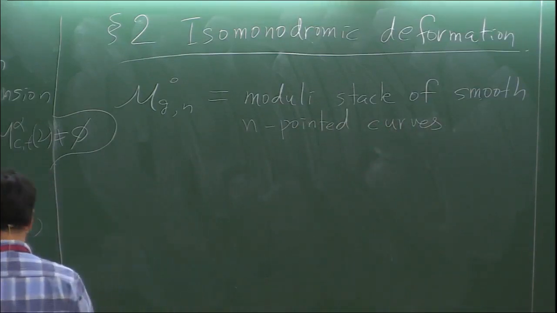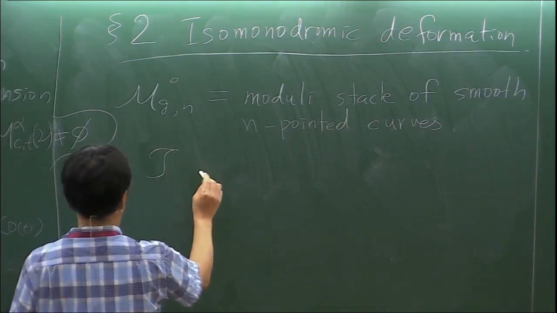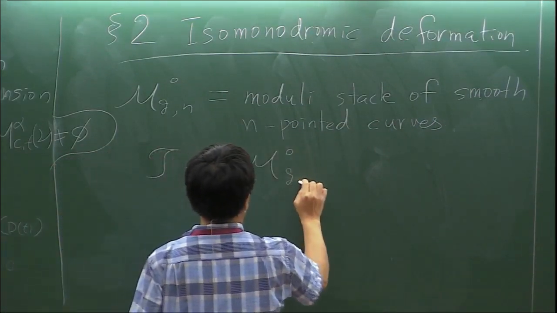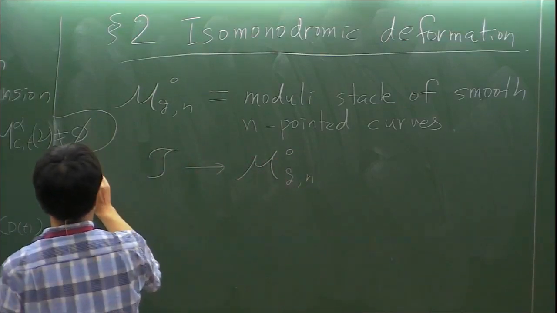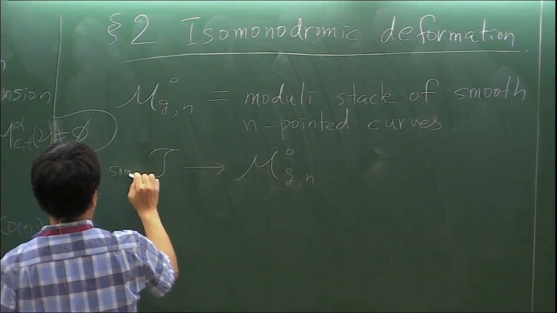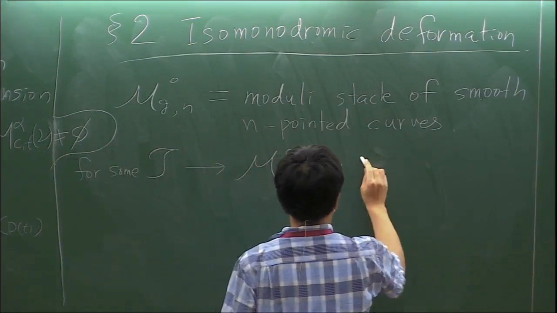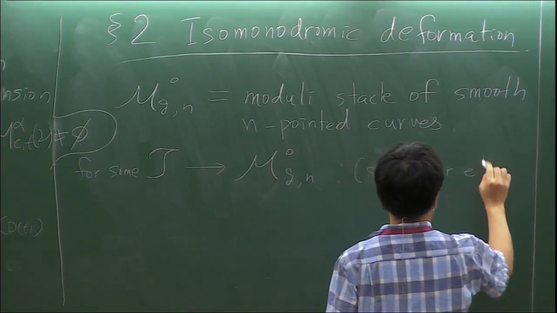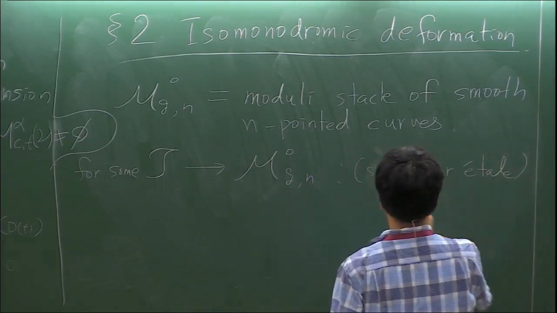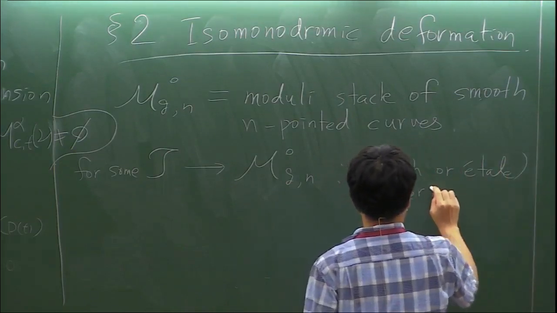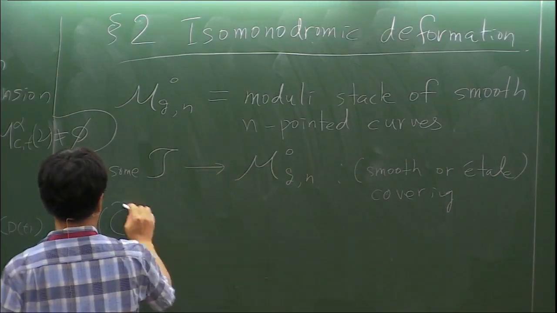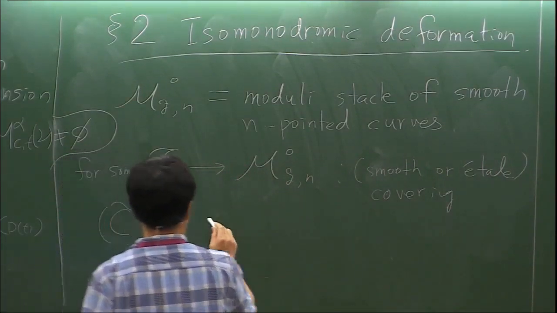And taking a certain covering, some smooth covering, there is a universal family of n-pointed curves.